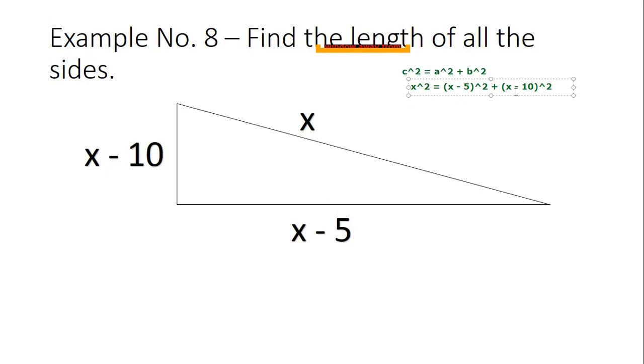We're going to simplify this equation by expanding those terms having a parenthesis. So this will become x squared equal to x squared minus 10x plus 25 plus x squared minus 20x plus 100.